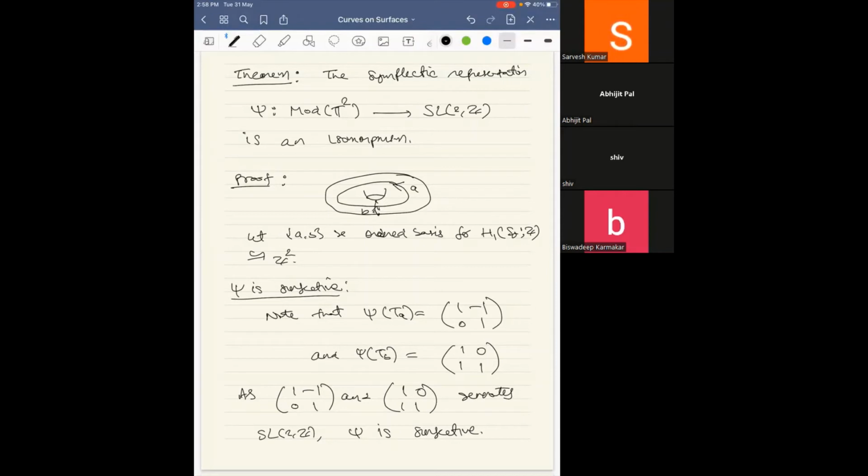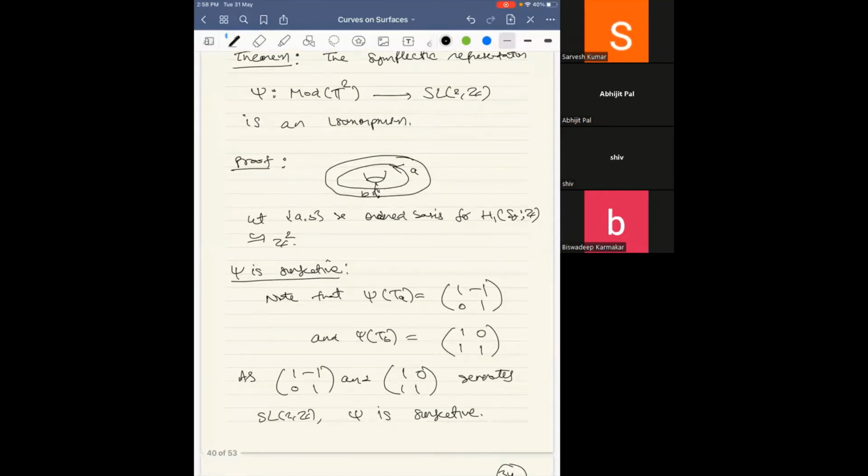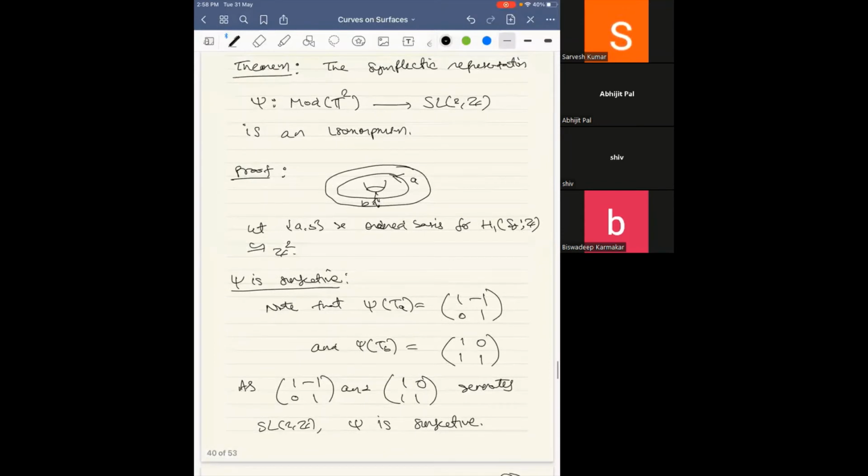If you look at the Dehn twist around a and the Dehn twist around b and see their images under psi, the symplectic representation, you can recover both of these matrices. So every generator has a pre-image, which means this map is surjective, because the image is generated.